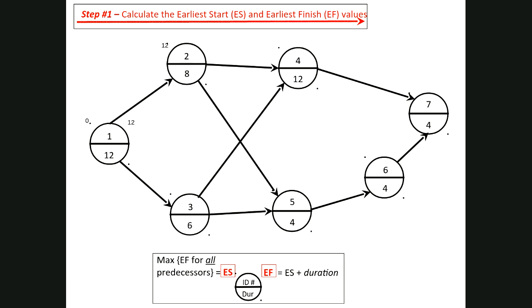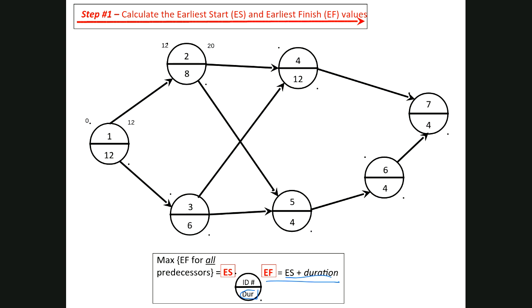Hopefully you can see it'll finish at time 20, 12 plus 8. So we'll always be able to say that the earliest finish time is always the earliest start time plus the duration of the task.